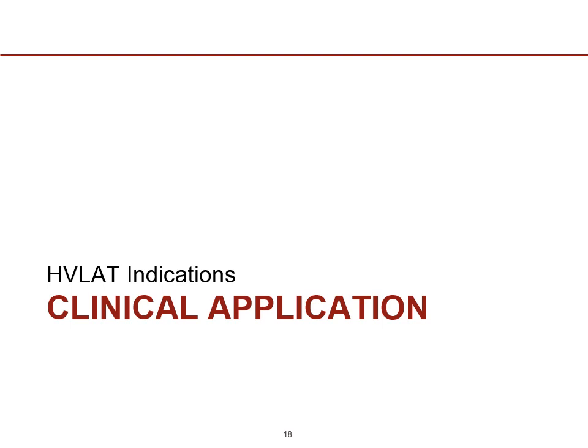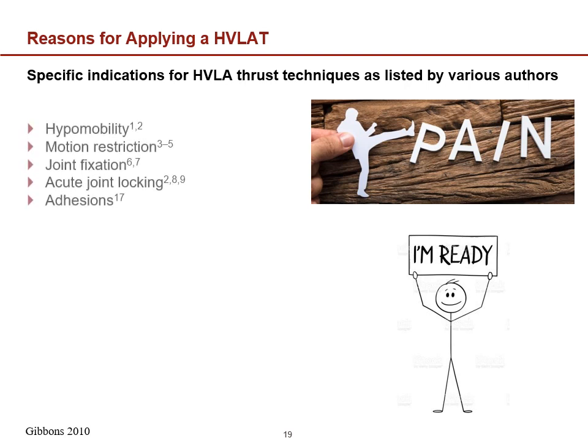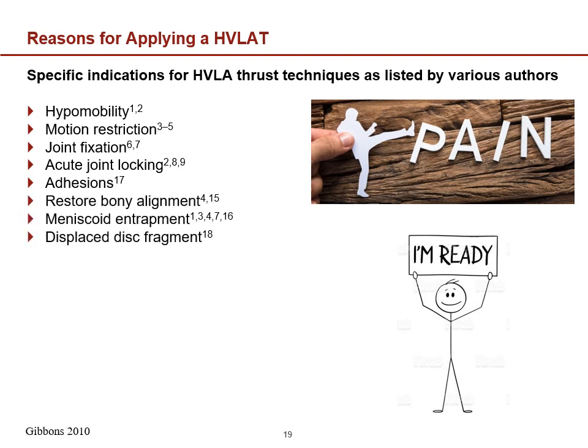So here's the clinical application, and here are the indications for why we might apply a high velocity, low amplitude thrust. Some of it can include joint restrictions, so hypomobilities, joint fixations, acute joint locking, adhesions. We might be looking to restore bony alignment, or if we have a meniscoid entrapment, or if there's a displaced disc fragment.